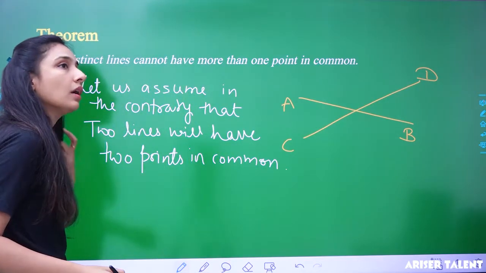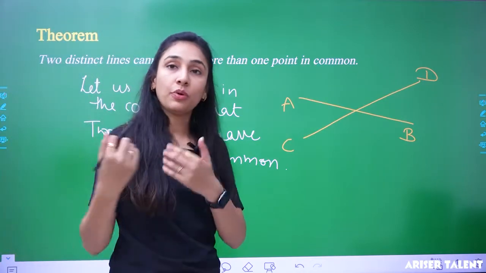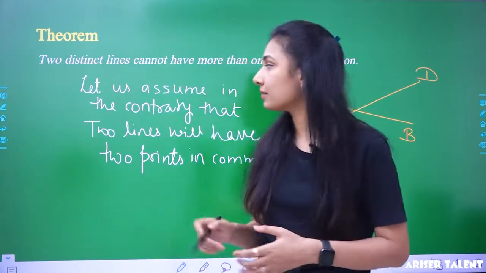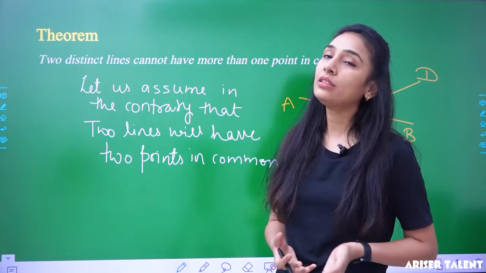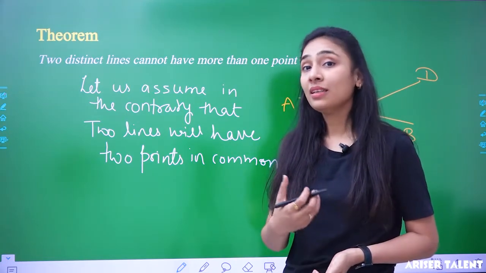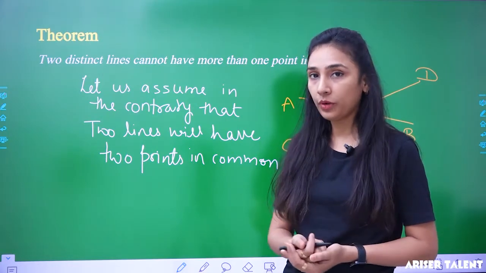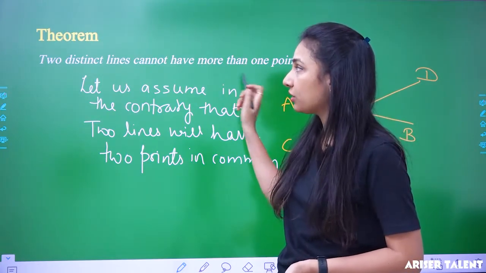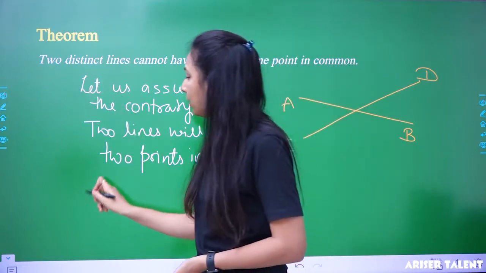Now, according to Euclid, is it possible? Euclid clearly stated that two lines cannot intersect each other in more than one point.